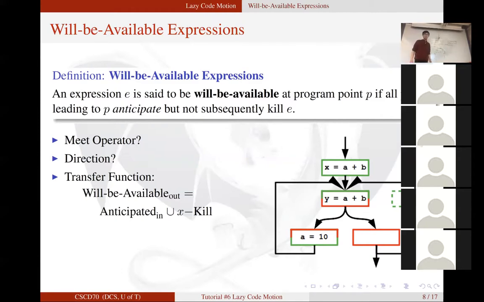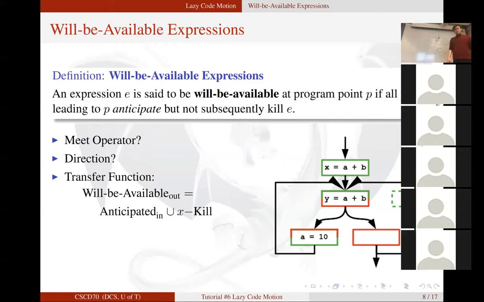Let us consider back the examples that we had previously on the previous slide, where we use the green region to mark the part where expression a plus b is anticipated, and the red to mark where it is not.